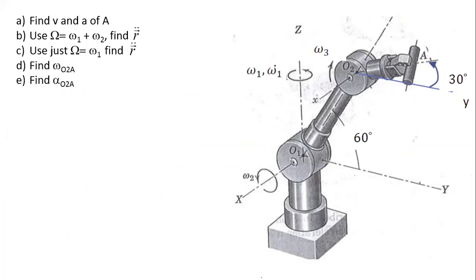In this case, it's asking you to set it with just the omega 1. So we're only doing the omega 1, which means that you're rotating around like this, right? So that's the only one that you've got going on.